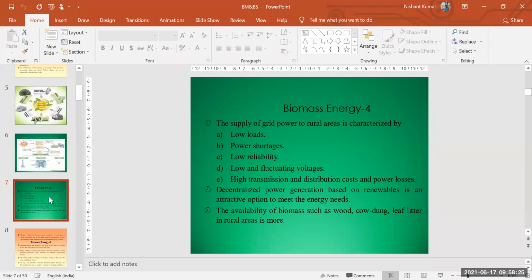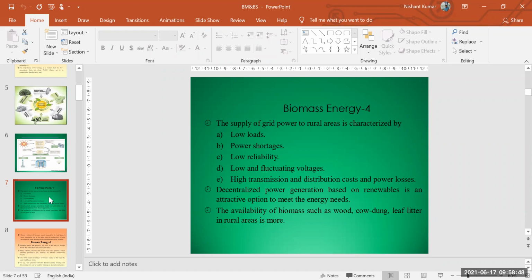Now, biomass energy is generally utilized for rural areas. Why so? Because these areas are very suitable for this renewable energy since they have low loads.